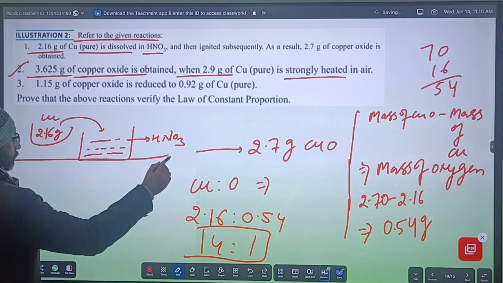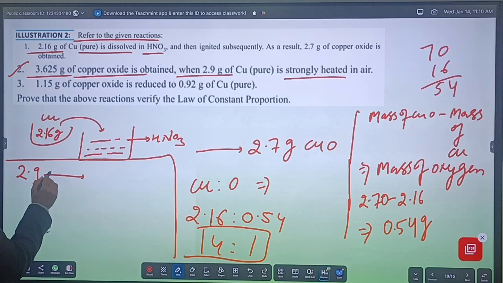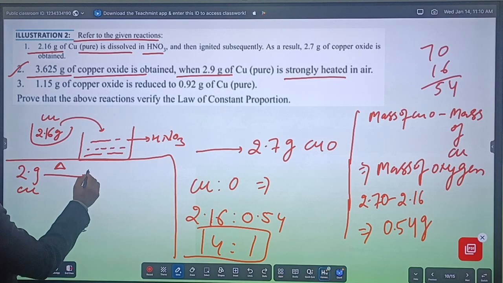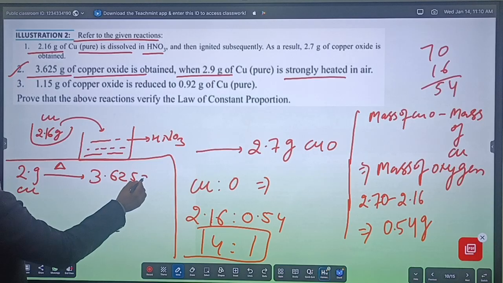So we can solve this question. Second question here. 2.9 gram copper is heated and it will give 3.625 gram of the copper oxide.